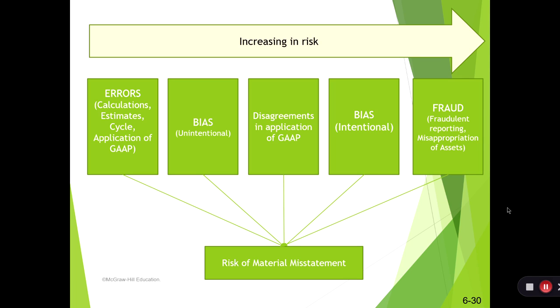And that's not bias, it's not error, it's just we disagree. We think that our way of doing revenue recognition is better than what you're saying as the auditor. But it's obviously an intentional kind of choice, and that's why this is higher than the other two.